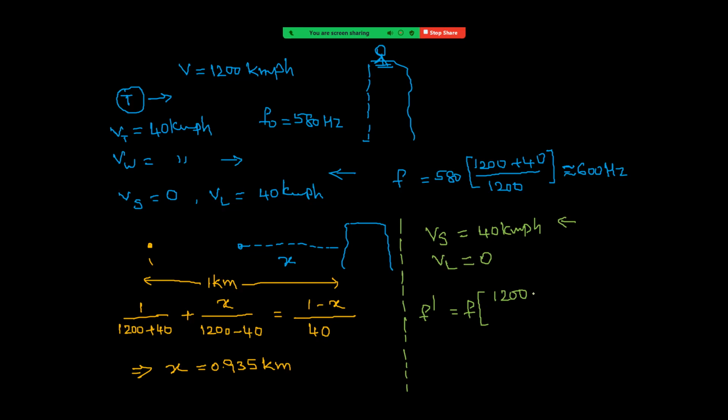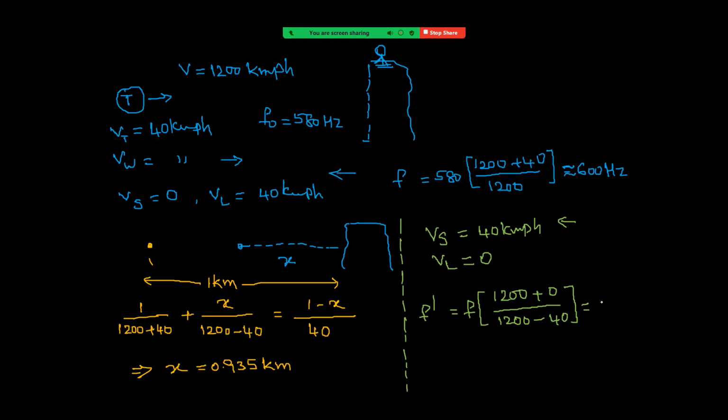Coming to the listener, he is stationary, so zero. But the source is moving towards the listener. So it now becomes 1200 minus 40, because it is moving towards the listener.